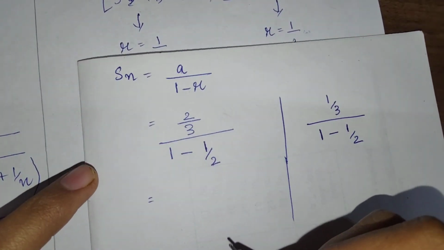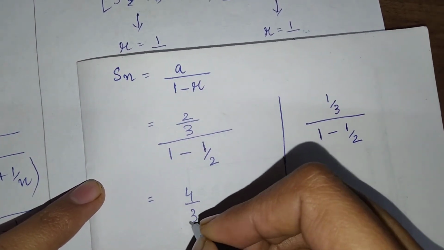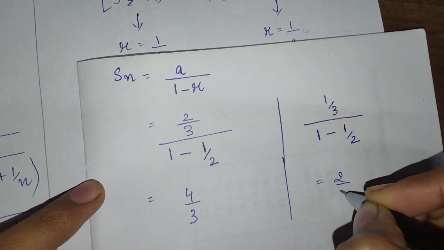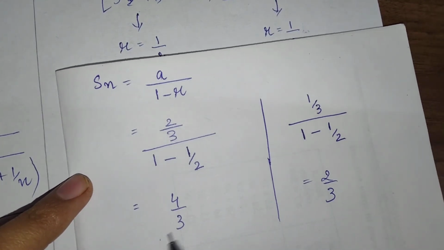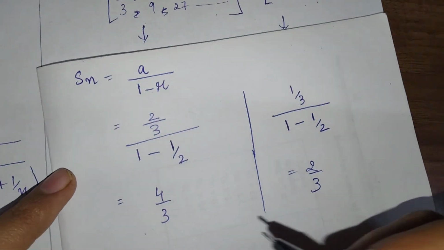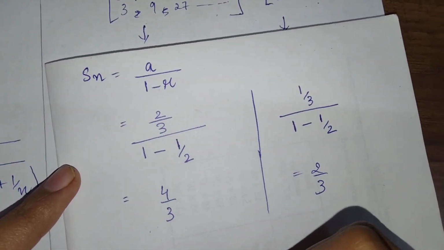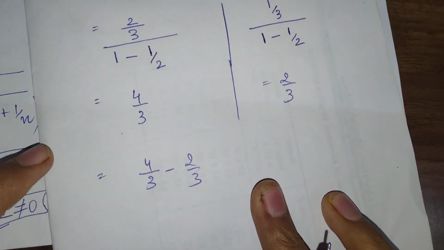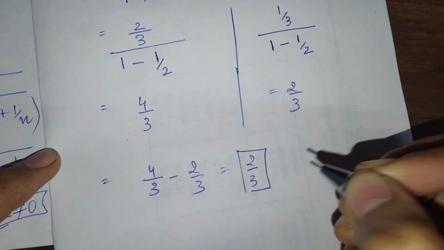So if we solve this, then we will get 4 by 3, and here we will get 2 by 3. And so finally if we substitute these values in these terms, then we will get 4 by 3 minus 2 by 3. Okay, so that is equal to 2 by 3.